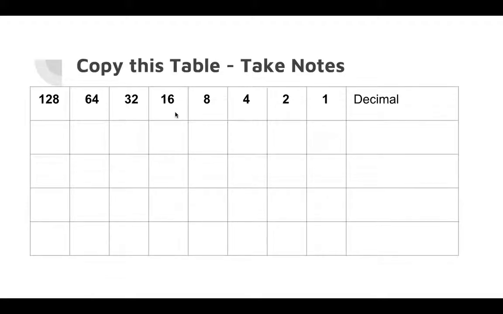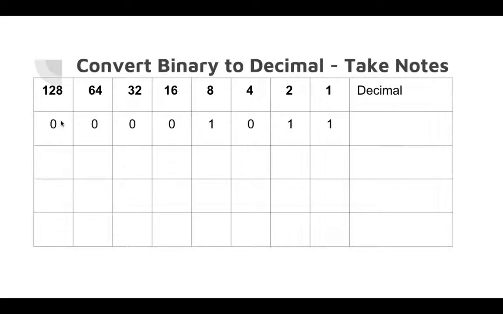Okay, so the first thing we're going to do is I'm going to give you some binary numbers, and you're going to find the decimal equivalents. The way we do that is we first write down this table, and on this table we have the place values, 1, 2, 4, 8, 16, 32, 64, and we're just going to go up to 128. So this is 1 byte. If I give you, for example, this binary number, 00001011, you have to find out what this binary number is as a decimal.